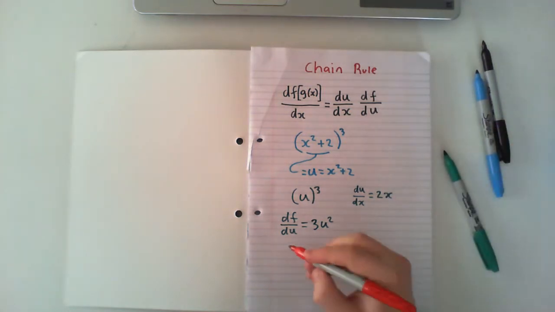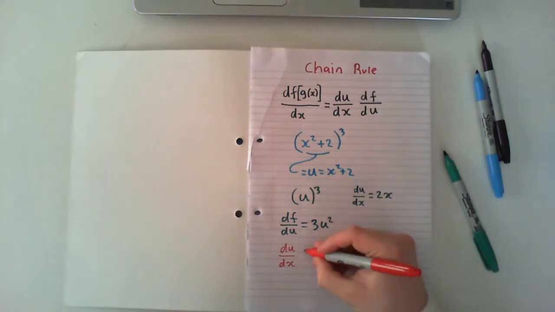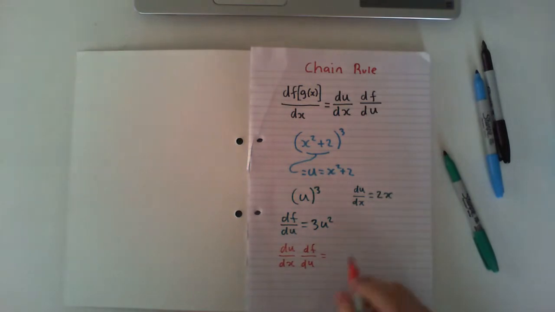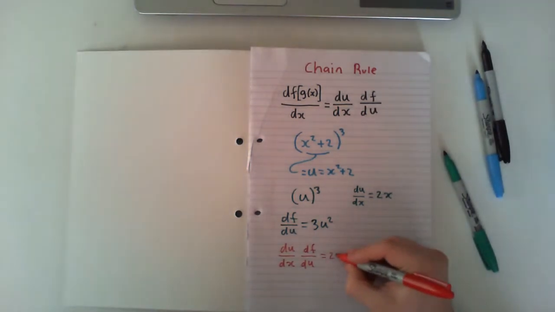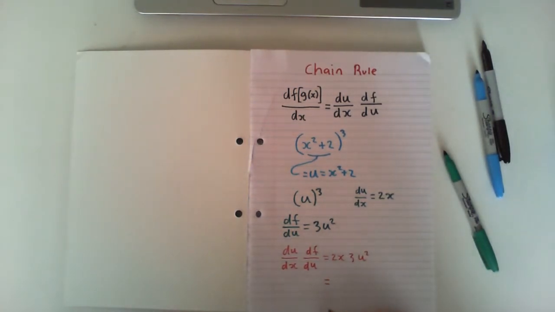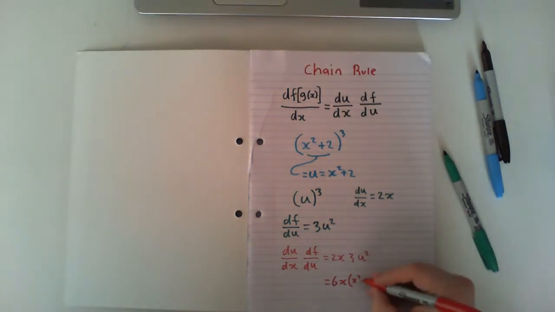So we do du by dx times df by du, and this is equal to 2x times 3u squared, and then we multiply 2 and 3 together, so we get 6x, and then we put our u term back in, which is x squared plus 2, all squared. And that's it. That's how we do the chain rule.